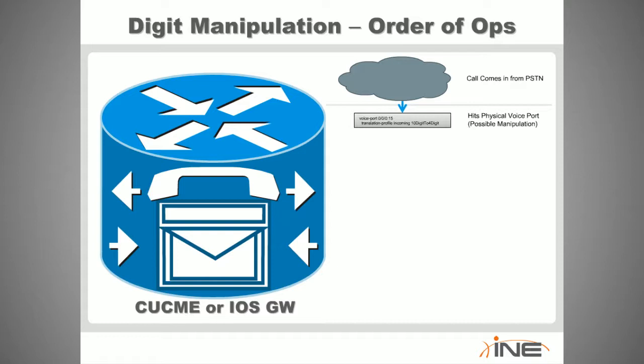If you know voice translation rules, you can do everything you need. Translation rules, not the voice translation rules, but just translation rules, are a much more limited subset of the functionality of voice translation rules. So there's really no reason to use them. There's nothing that they can give us that voice translation rules cannot.